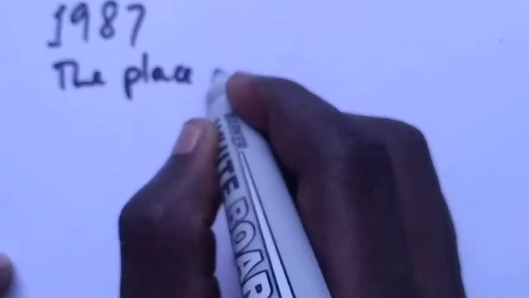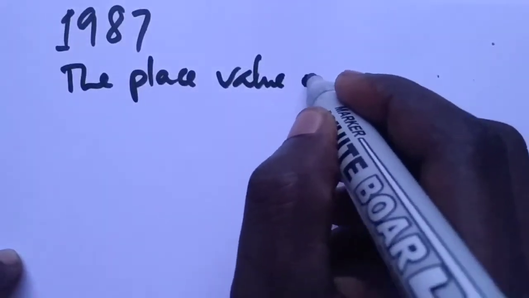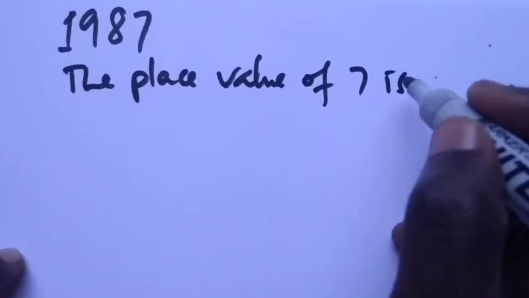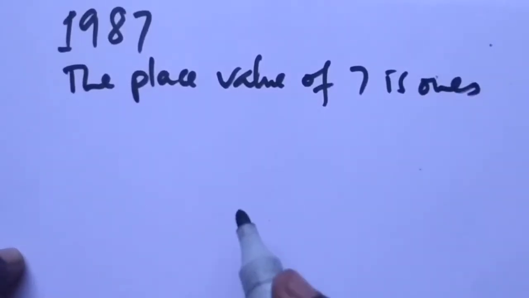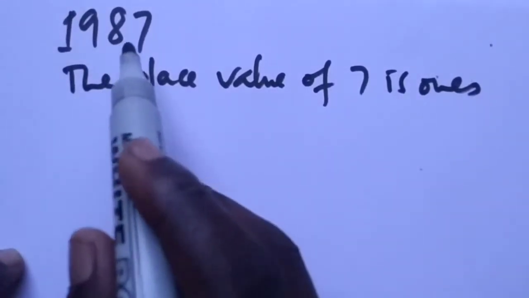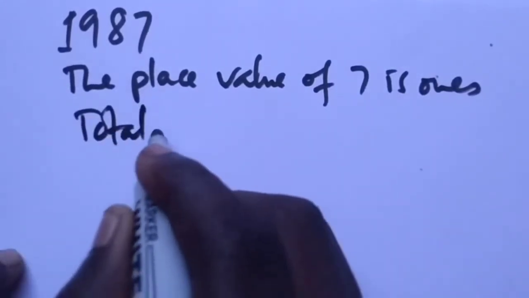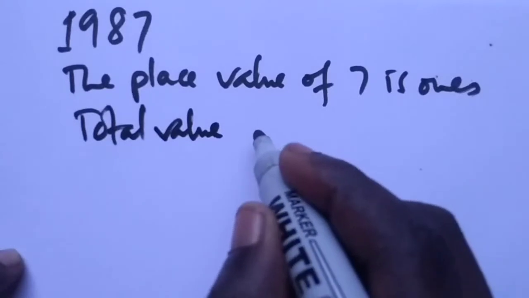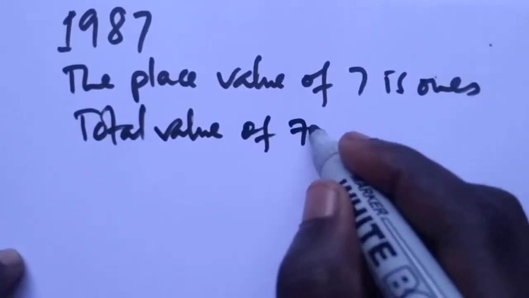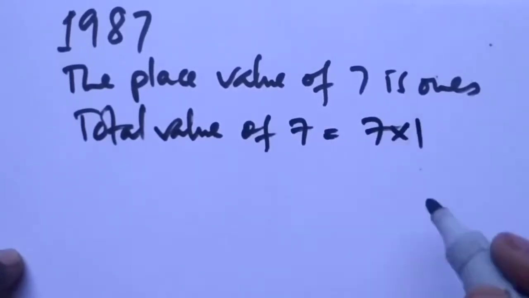Place value of 7. The place value of 7 is ones. So that is to say, the total value of 7 itakuwa 7 times 1.